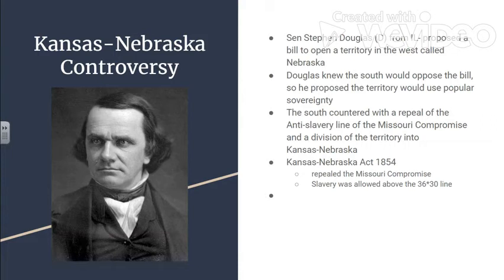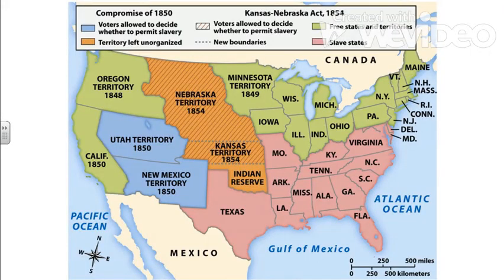So according to the Kansas-Nebraska Act of 1854 and Stephen Douglas's bill, the anti-slavery line of 36°30' would be kaput.